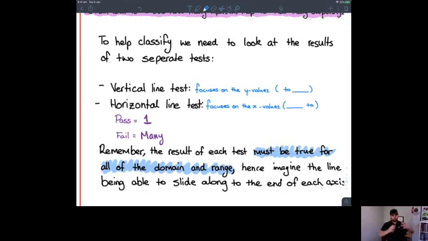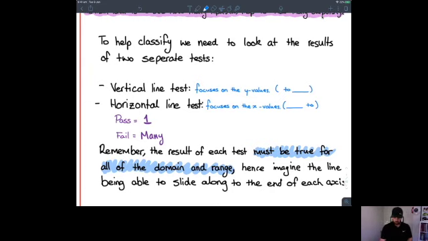It needs to be true everywhere, from negative infinity to positive infinity. If you think about it, imagine the line being able to slide along the x-axis if it's your vertical line test, and the line sliding up and down the y-axis if it's your horizontal line test.